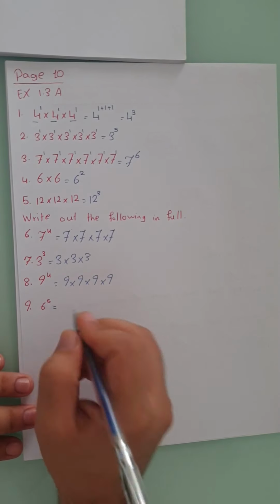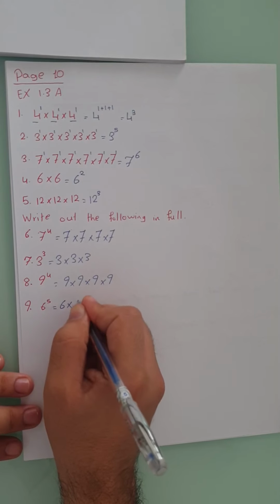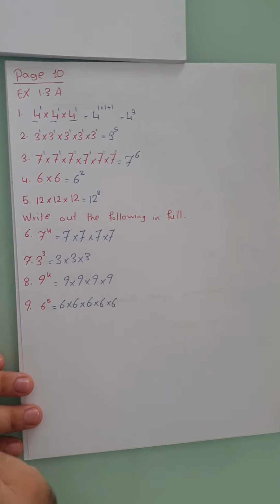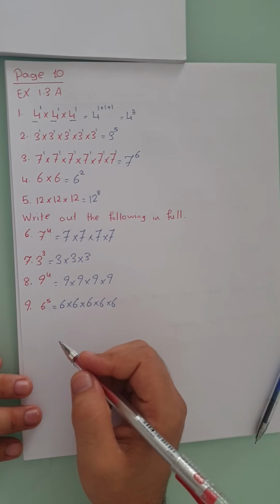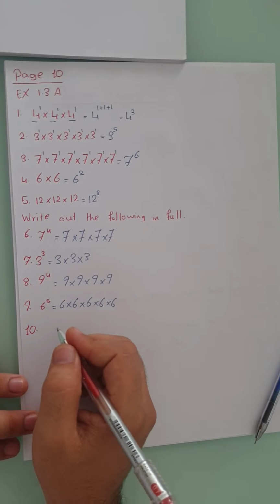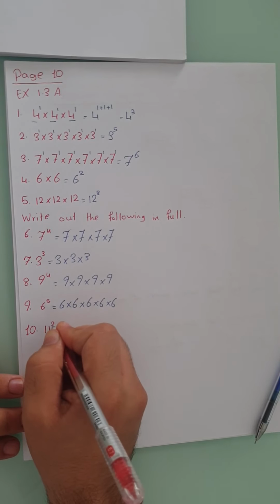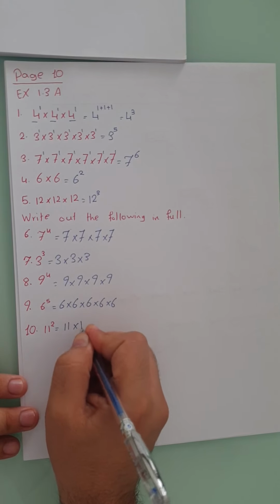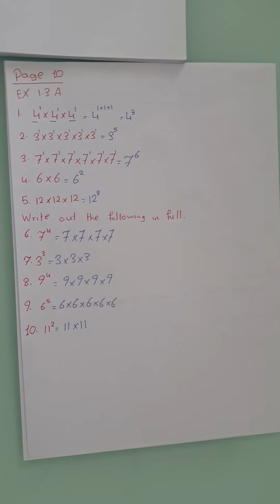It is 6 times 6, 5 times. 1, 2, 3, 4, and then 5. Question number 10. 11 to the power of 2. 11 times 11.